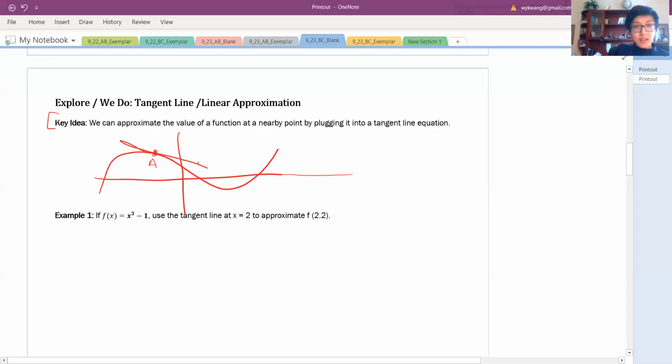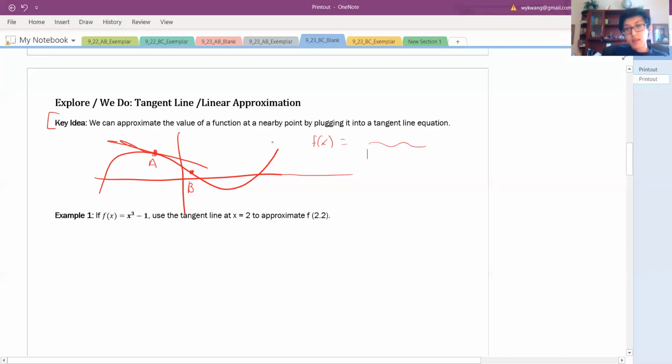The idea is basically that we can use this tangent line, although let's say this function is a really weird function, and we found the tangent line at point A, but we're trying to find the value of point B on this function, but we can't plug it in. For some reason we can't plug it in. This function f of x is some super weird function.